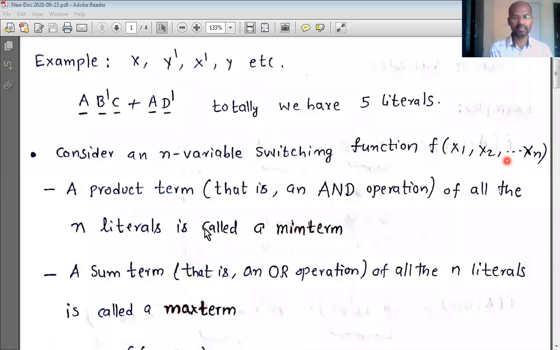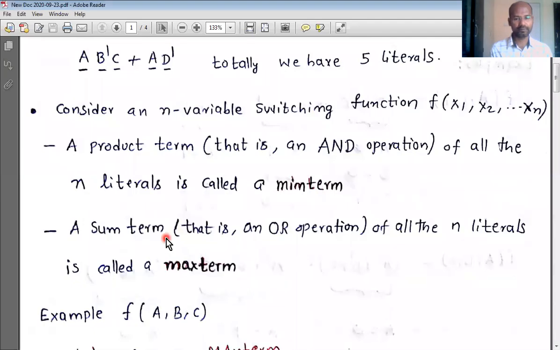A product term of all the n literals is called a minterm. In the same way, a sum term, sum refers to the OR operation. A sum term of all the n literals is called a maxterm.